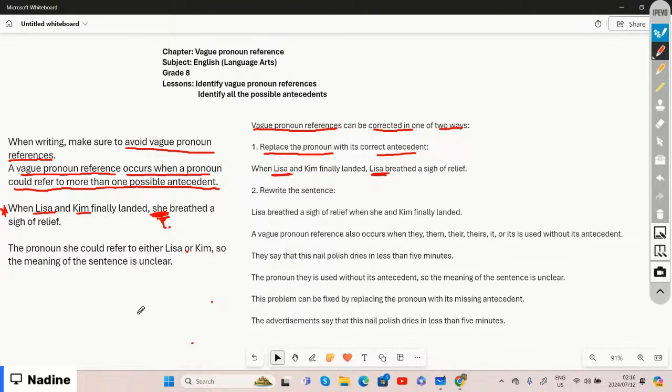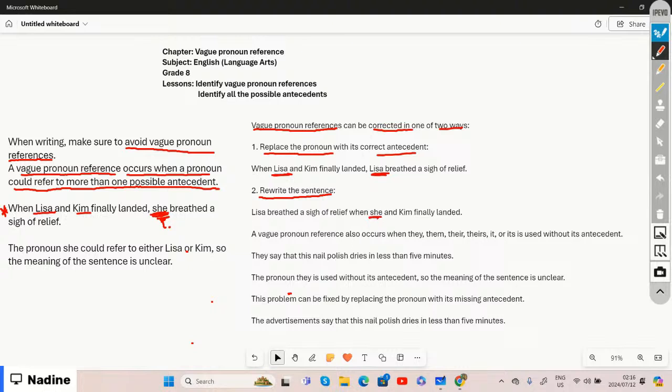Another way in which we can correct our vague pronoun reference is by rewriting the sentence. And when we rewrite the sentence, it says Lisa breathed a sigh of relief when she and Kim finally landed. So this word she refers to Lisa.